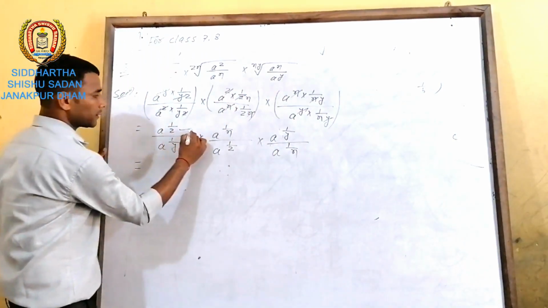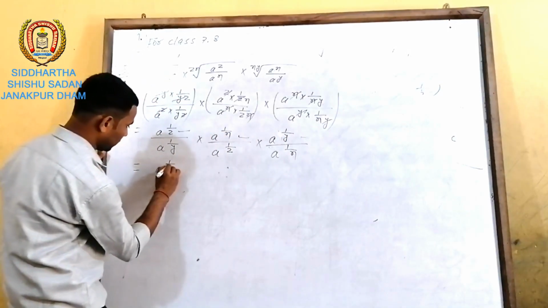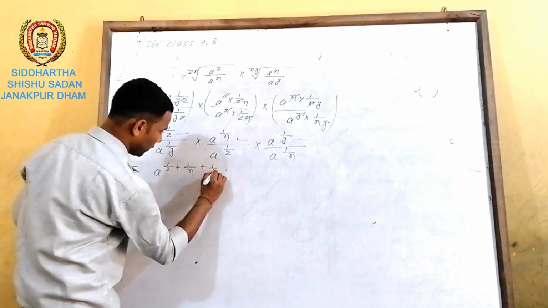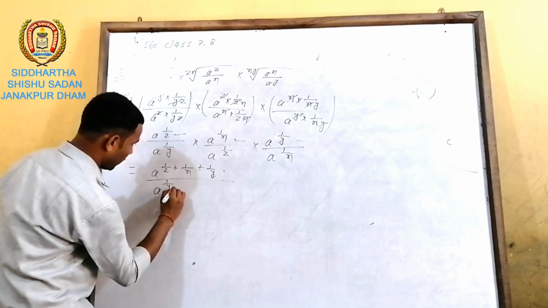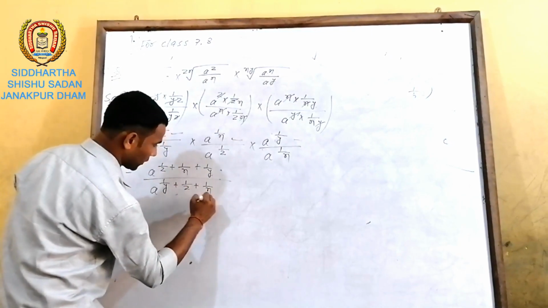Now bases are same, then power is added: 1 by z plus 1 by x plus 1 by y over a to the power 1 by y plus 1 by z plus 1 by x.